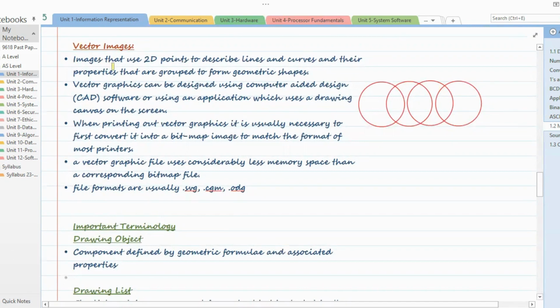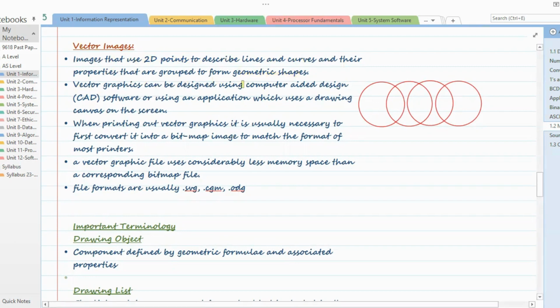So vector images use 2D points to describe lines and curves and their properties that are grouped to form geometric shapes. Okay, so as I said, you use mathematical functions and shapes to create any images.